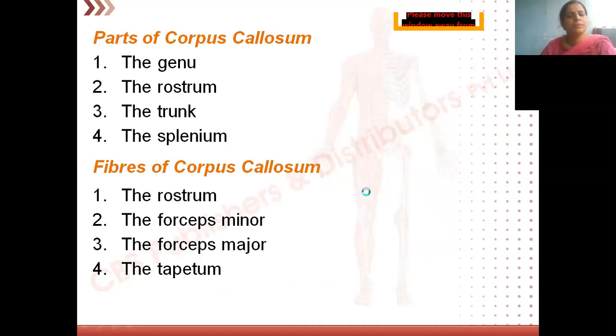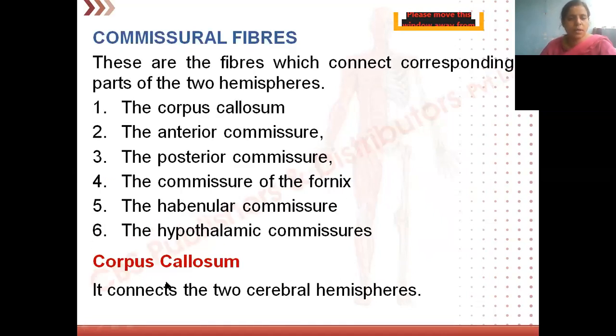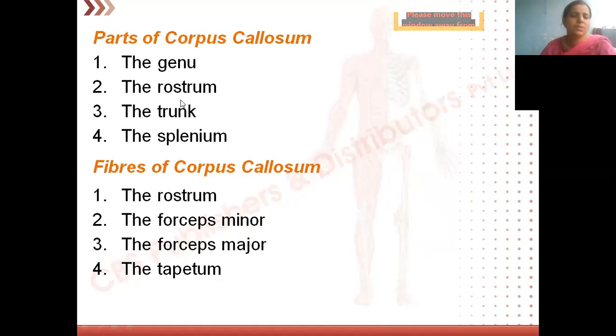So we know the corpus callosum is connecting two cerebral hemispheres through the genu, rostrum, trunk, and splenium. The white matter fibers are actually connecting at the level of the rostrum. At the level of the body we have the forceps minor. At the level of the splenium we have the forceps major.